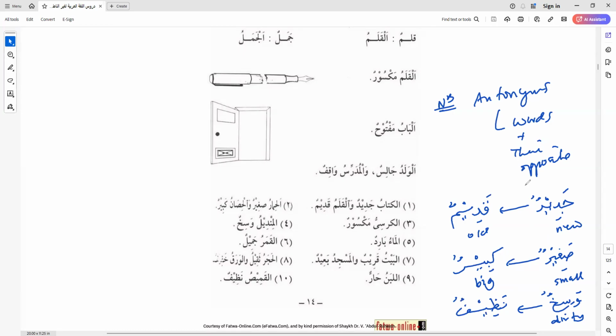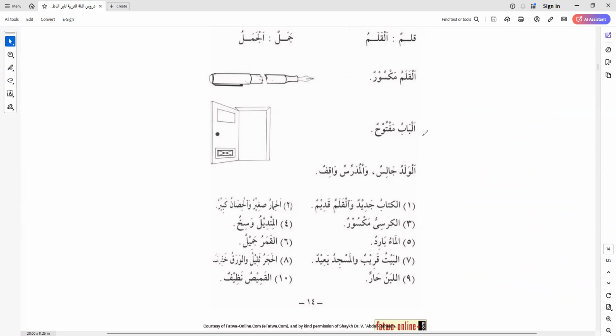Right? So here, these are antonyms, words and their opposites. And then we also came across مفتوح, which is open. We didn't learn that. Oh, I think I jumped over. البيت قريب. The house is near.